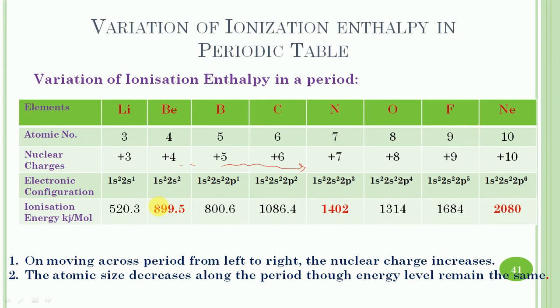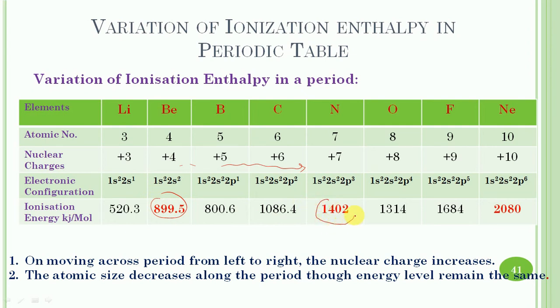However, some irregularity in the general trend has been noticed, and these are due to half filled or completely filled configurations, which have extra stability. So beryllium has higher ionization energy due to a completely filled orbital.